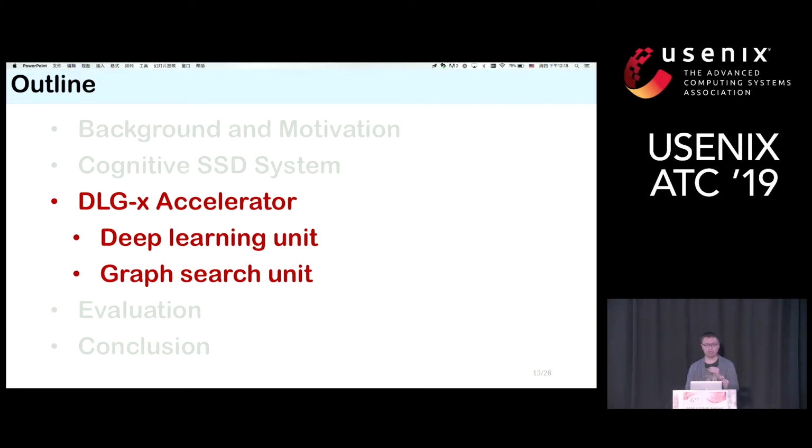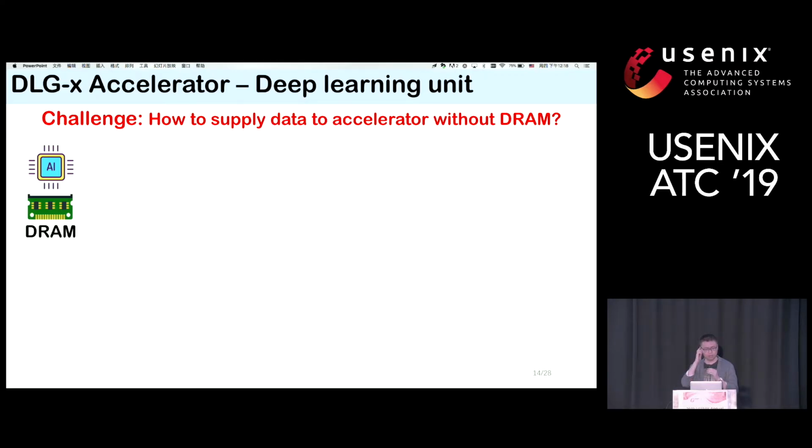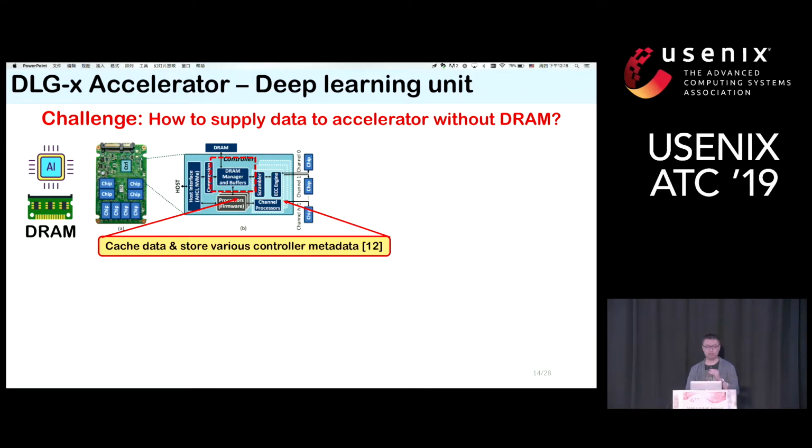After introducing the Cognitive SSD system, I will introduce the details of the DLG-X accelerator. First, traditional deep learning accelerator obtains metadata from the DRAM. Although SSDs often have a compact DRAM to cache data or metadata, the internal DRAM capacity can hardly satisfy the numerous neural network parameters.